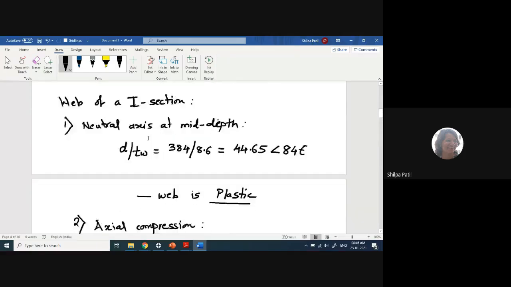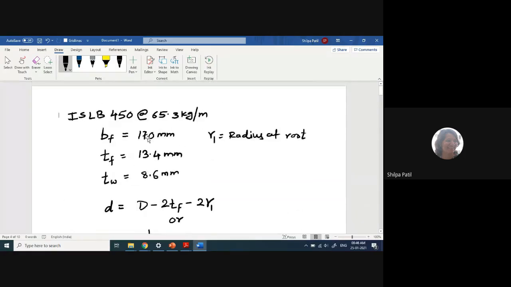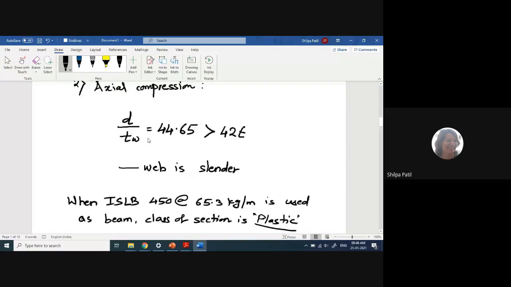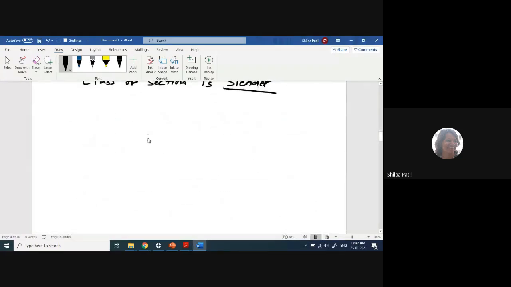Okay, so this is the first problem which we have solved. We will consider the second problem now. So we will find out now the class for the section ISMC 300 at 35.8 kg per meter.